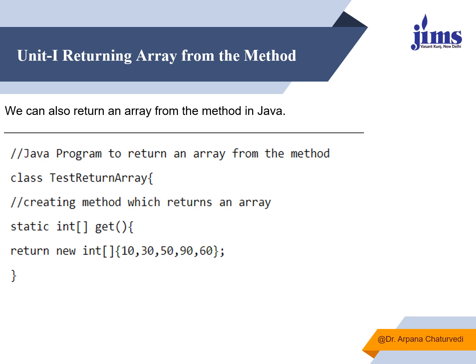When I am creating a class, I have one method, get, which has return type integer, and here I am returning a new int array, an anonymous array, no name over here. When I pass it, I'll see that the reversed elements will get displayed.